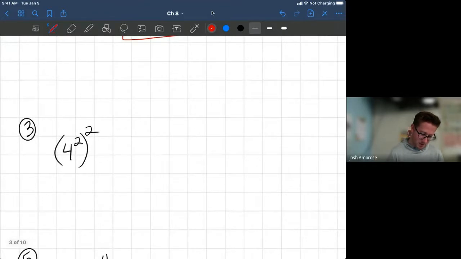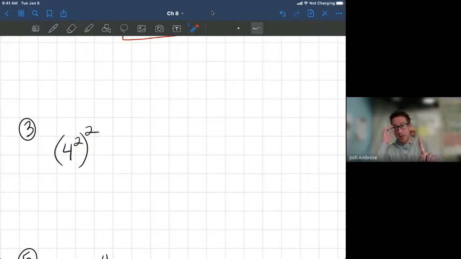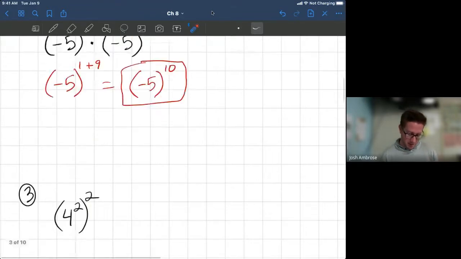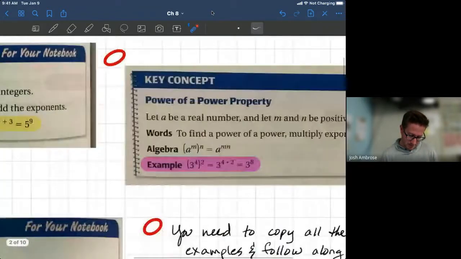Now here we go. We're looking at one base to a power to another power. So this goes back to the example problem where if you're dealing with one base, two exponents, you will multiply the exponents. And if you forget, that's up here, right there.